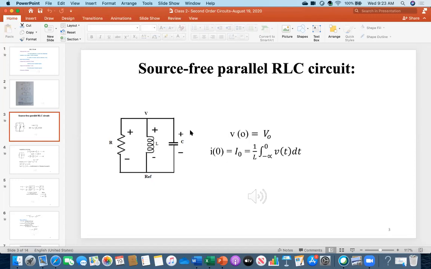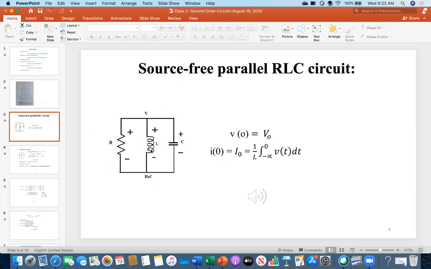Once the source has been suddenly disconnected, because the capacitor stored energy, it gained some voltage. So the assumption is V at t equal to 0, the moment when the source has been disconnected, is capital V naught.